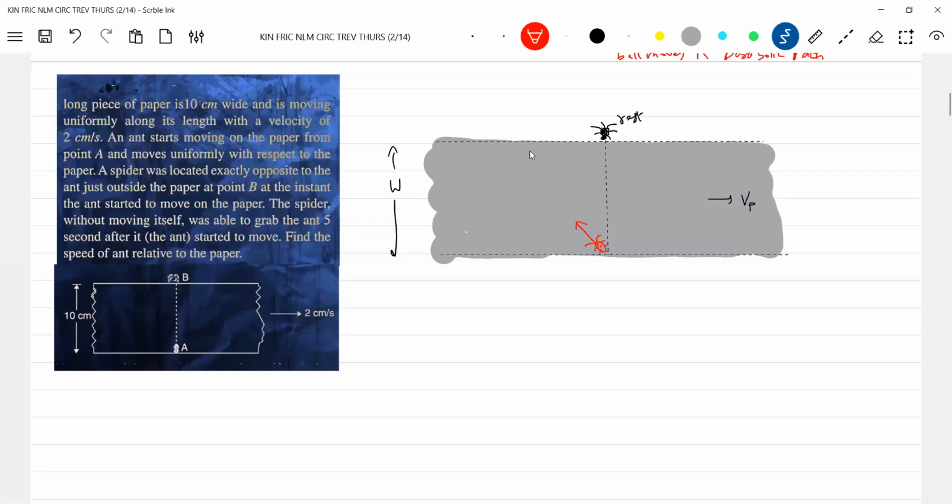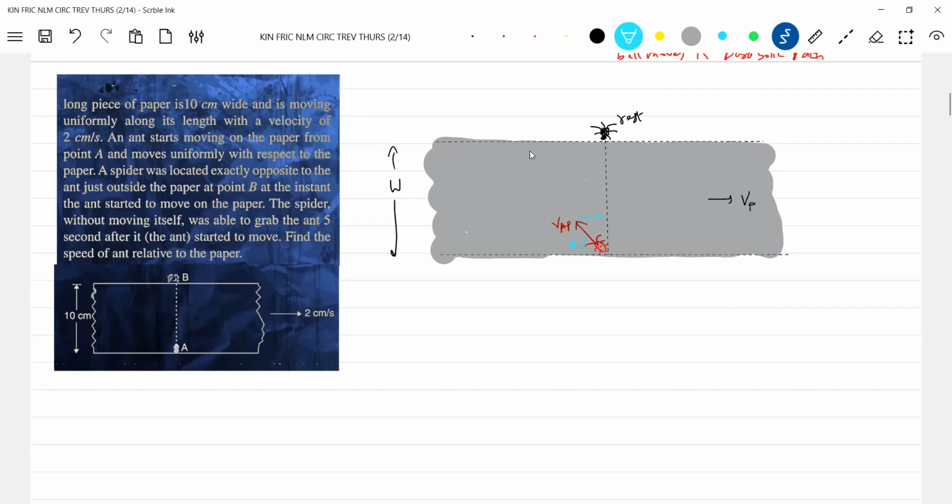Okay, if it moves with the velocity of ant with respect to paper, let it be this angle theta. I'll take this angle theta. It'll be easy to indicate.